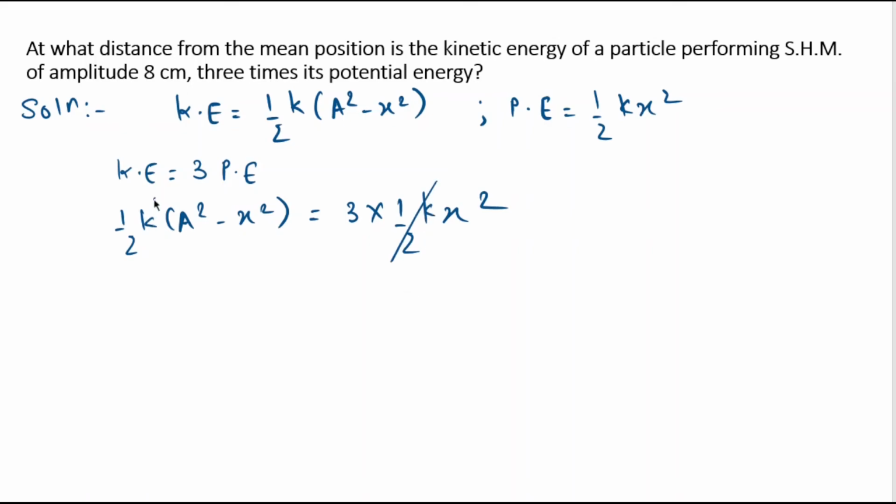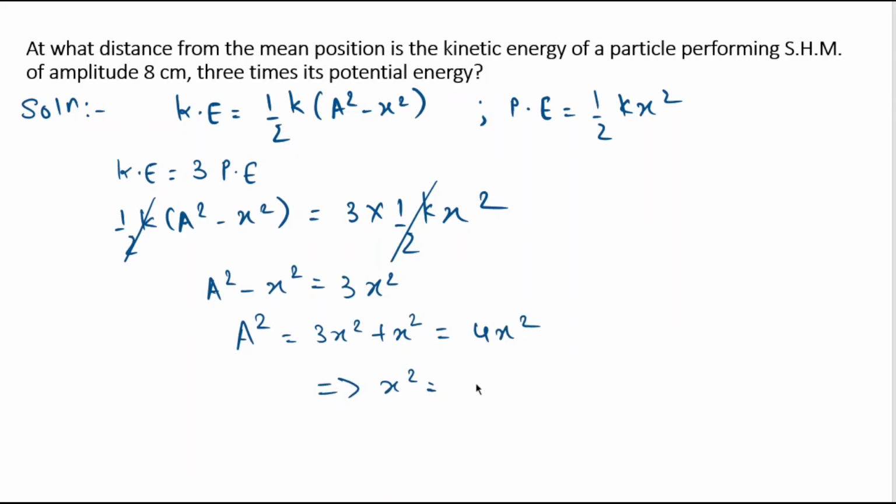So half k and half k get cancelled, which implies that a square minus x square is equal to 3x square. So a square equal to 3x square plus x square, which is equal to 4x square, which implies x square is equal to a square by 4.